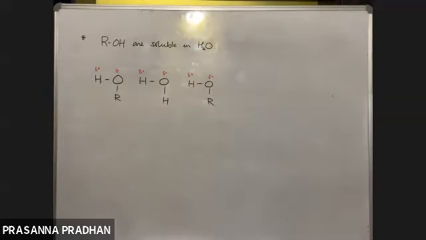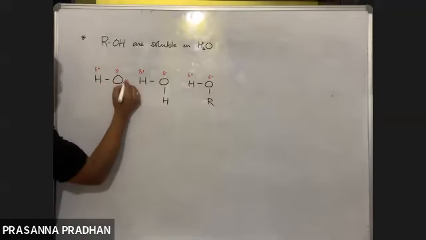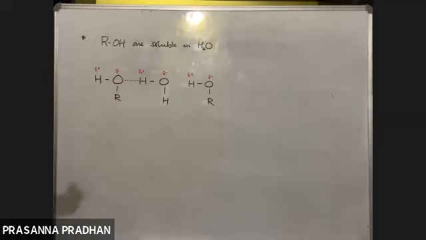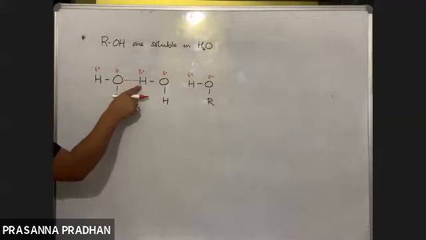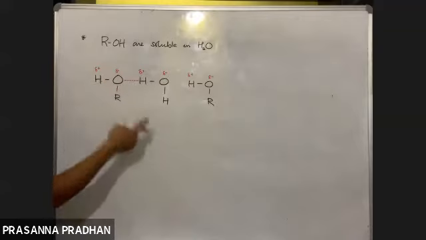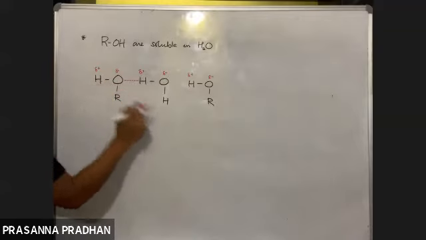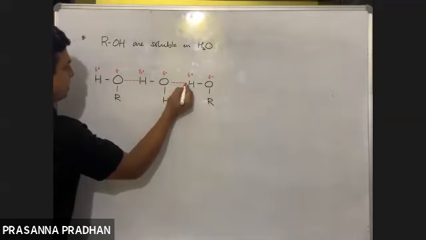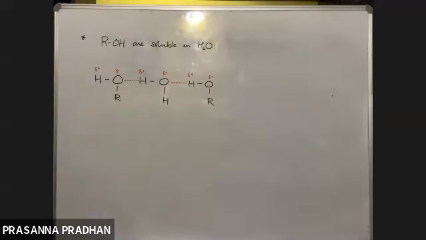So whenever we have an electronegative oxygen in close proximity with a hydrogen, then they will be attracted to each other, negative and positive. And this attraction developed is known as hydrogen bonding. So hydrogen bonding occurs only between hydrogen and oxygen, hydrogen and nitrogen, or hydrogen and fluorine.